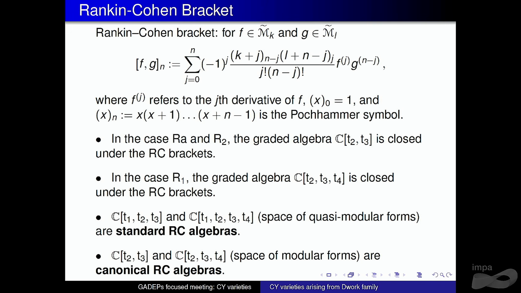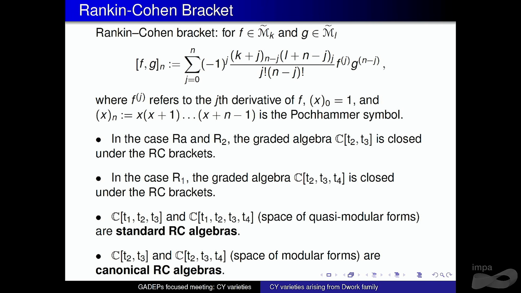So a Rankin-Cohen algebra is exactly a graded algebra with a bracket that satisfies all algebraic conditions satisfied by the Rankin-Cohen bracket of the modular forms.